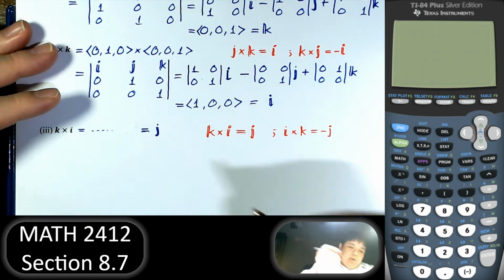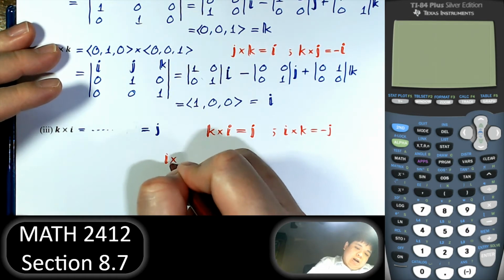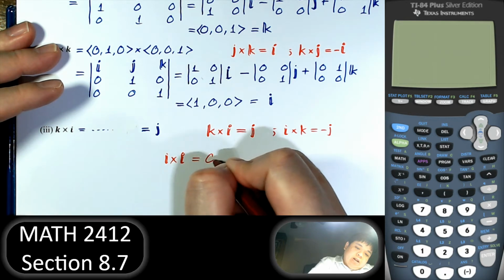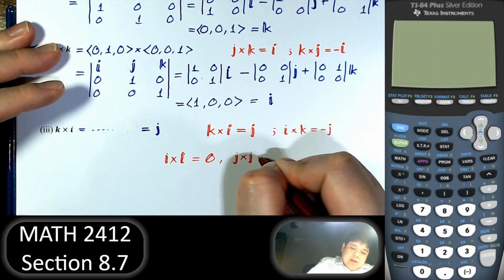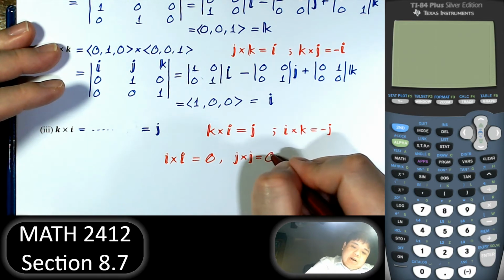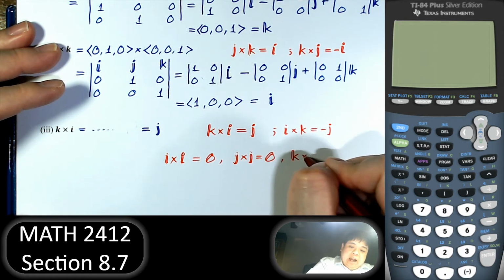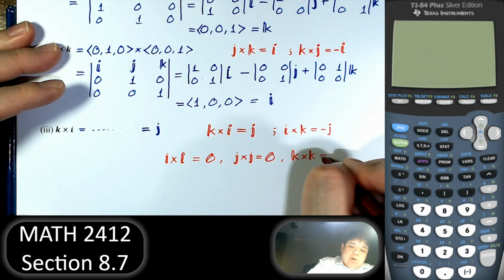And then of course we have all of those. i cross i equal to 0 vector, j cross j equal to 0 vector, and k cross k. The vector cross itself is equal to the 0 vector.